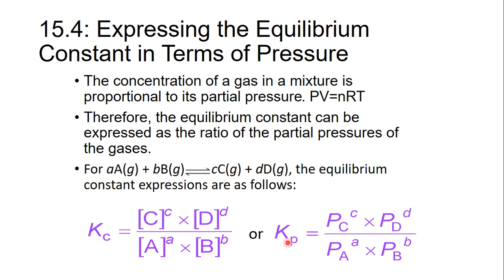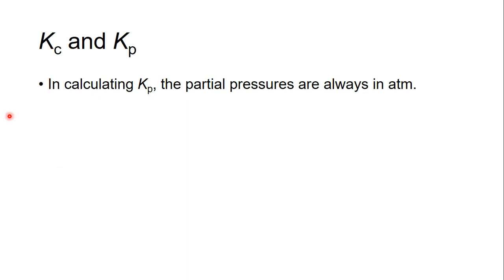For gases, we use a Kp for pressure, which is just the partial pressures of the gases raised to their stoichiometric coefficient.